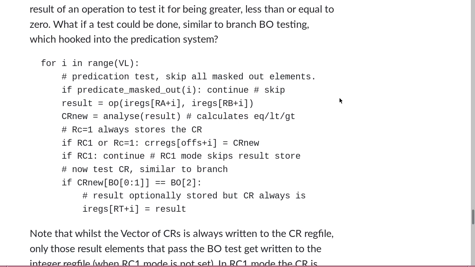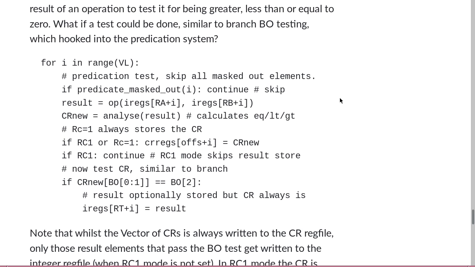If the post-analysis test was false, then the result would not be stored. The condition register would be stored, but the actual result would be skipped or zeroed if you have zeroing. So we'll have to see how that goes, because that's quite an experimental thing that will be very, very interesting to see how that ends up being used.